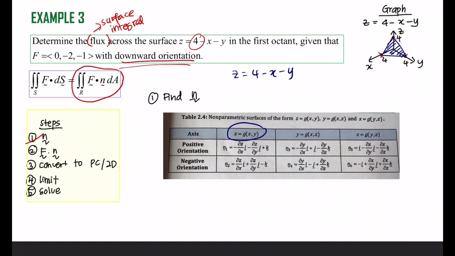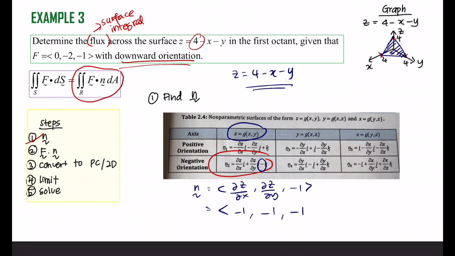Downward orientation is negative orientation, so n is given by this formula: negative z over x, negative z over y, and 1, with the sign for downward. You differentiate z with respect to x and you get negative 1, z with respect to y, negative 1, and negative 1. So the normal vector is given by this vector.